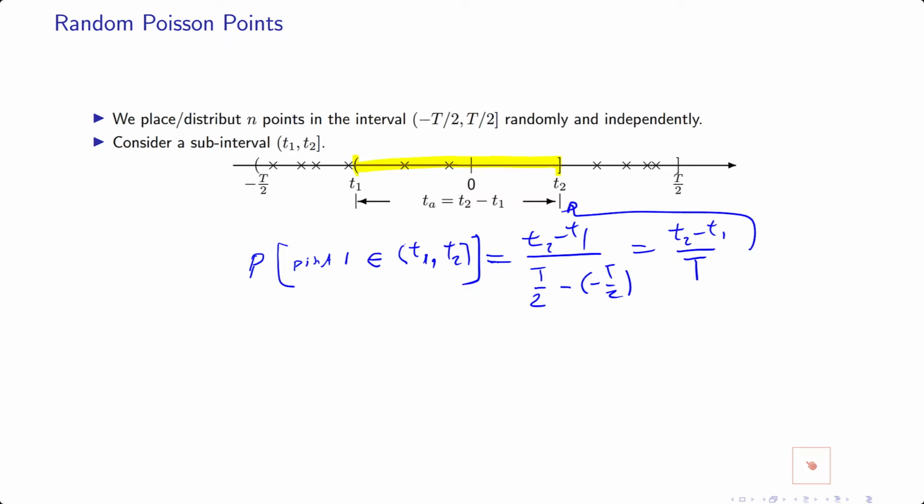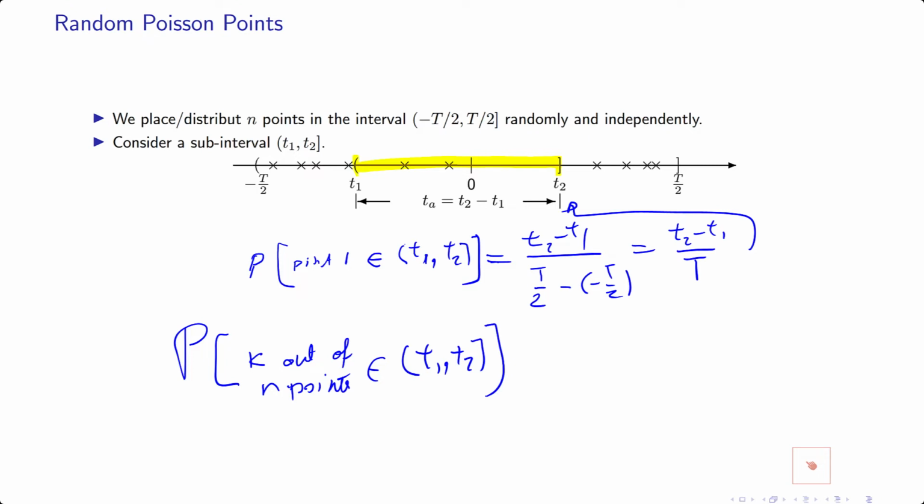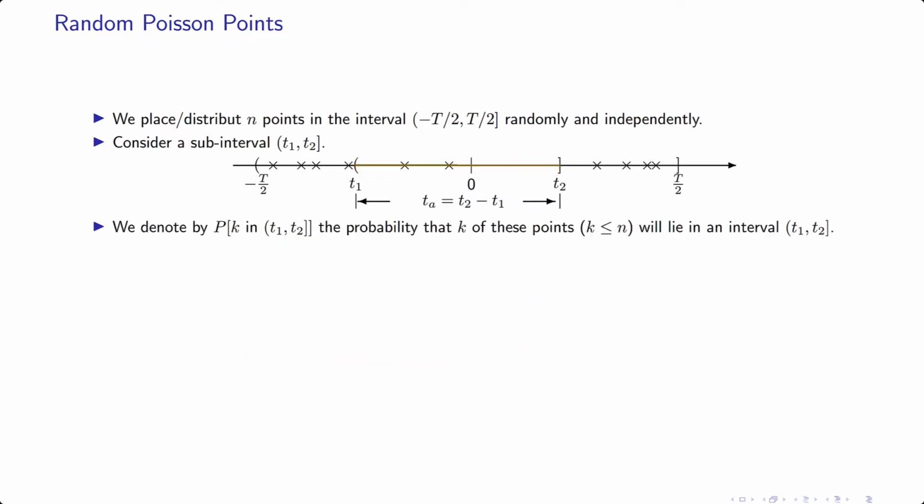Now, if I ask you what is the probability that k out of n points are inside the interval of t1 and t2, obviously you will quickly reply that this is a Bernoulli trial, so it is equal to n choose k, times p to the power of k, times 1 minus p to the power of n minus k.